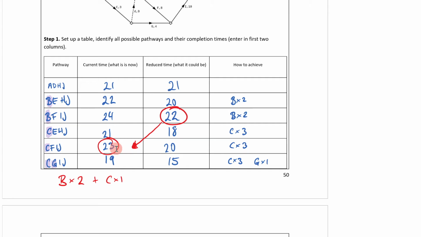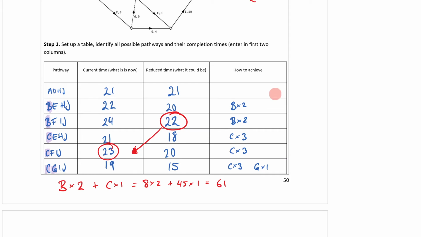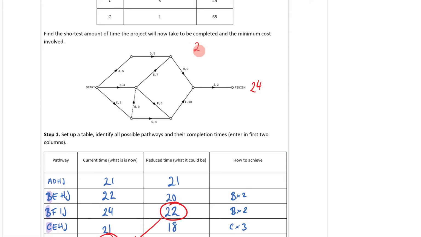So that's what we would do here. B times 2 is 8 times 2, plus C was 45, so 45 times 1. That's going to be $61. So we can get to 22 hours at $61.